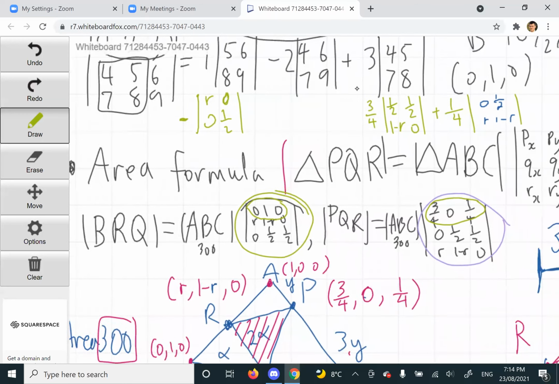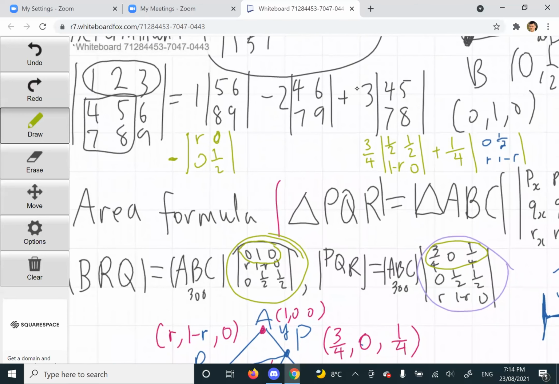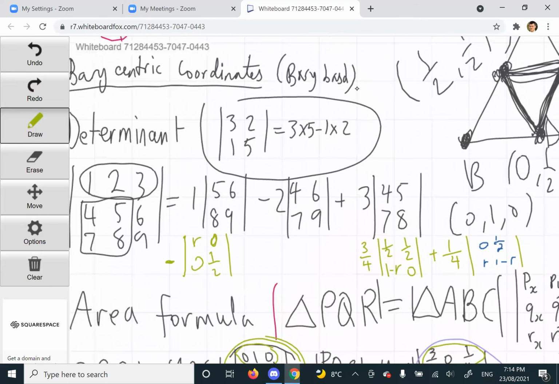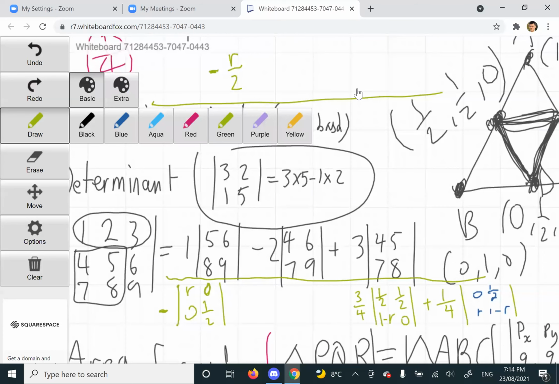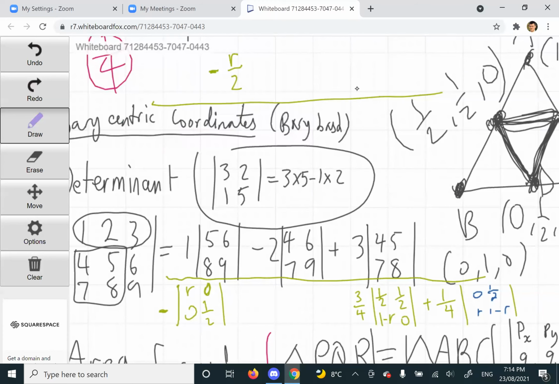Maybe I'll write it in purple above. We'll keep track of these things in the same page, hopefully. Write it up here. So this thing is simply just r times a half, right? And this other thing here is, so half times 0 is 0.